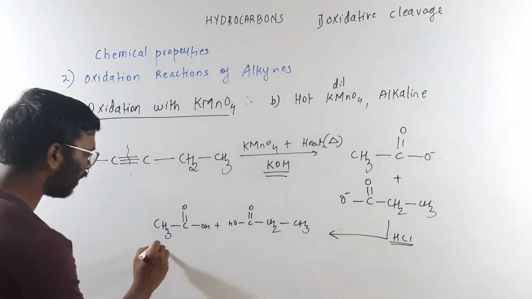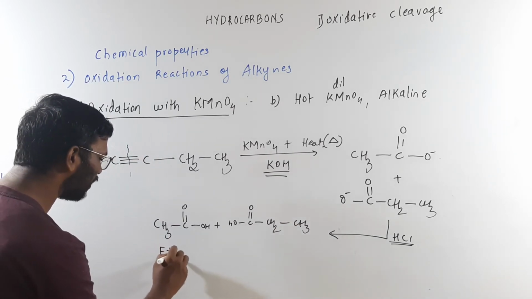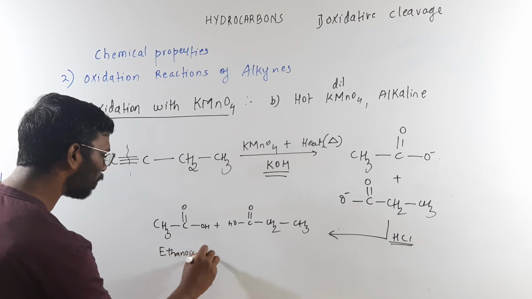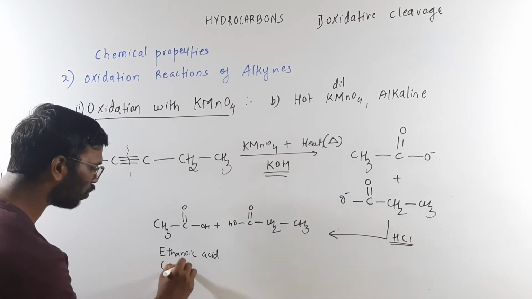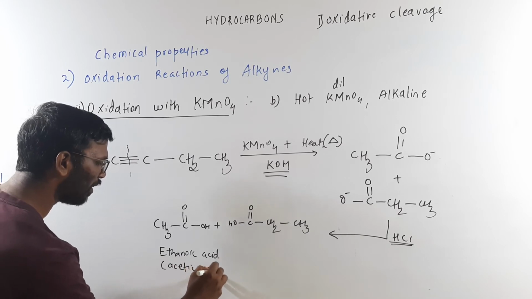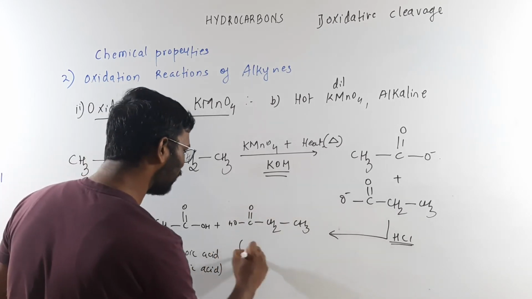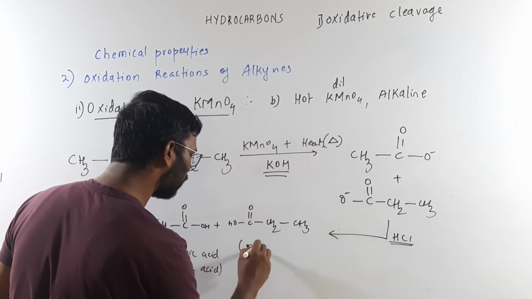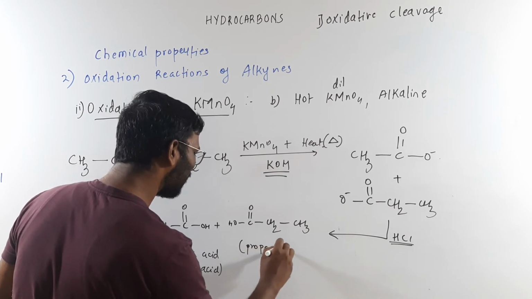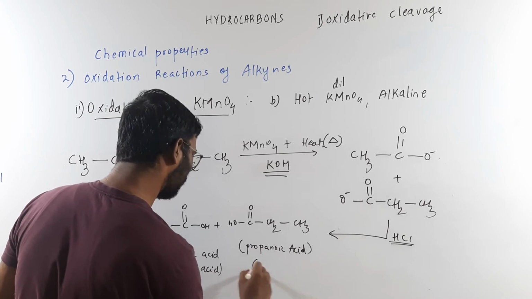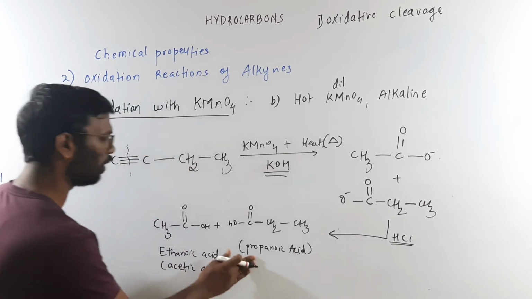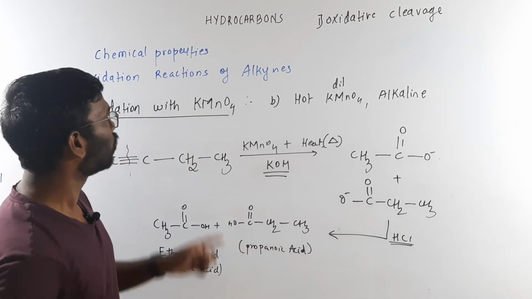This is ethanoic acid, CH3COOH, whose other name is acetic acid. And this is a 3 carbon system, so it is propanoic acid. This is the IUPAC name of this.